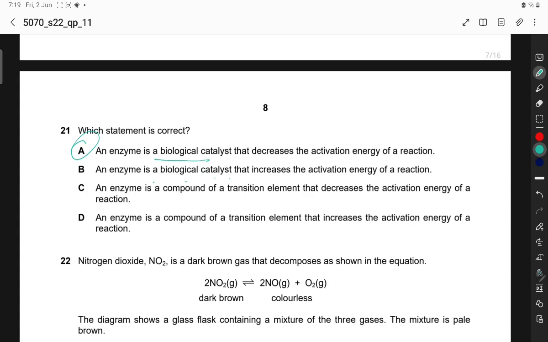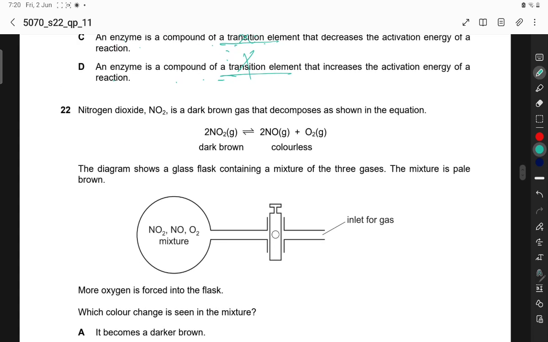An enzyme is a biological catalyst that increases the activation energy, not increases, decreases. Enzyme is a compound of a transition metal? No, an enzyme is living and proteinaceous in nature, so that's why not transition elements. So A option is correct.